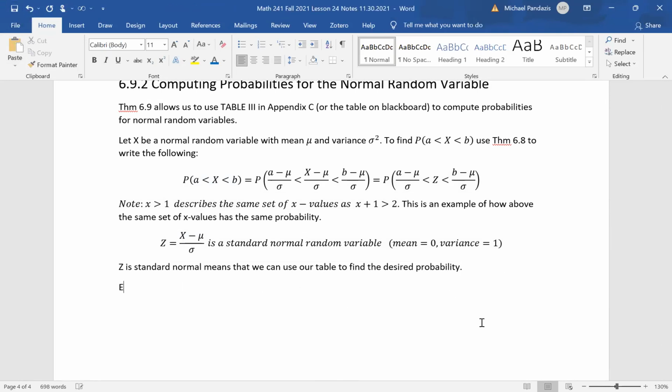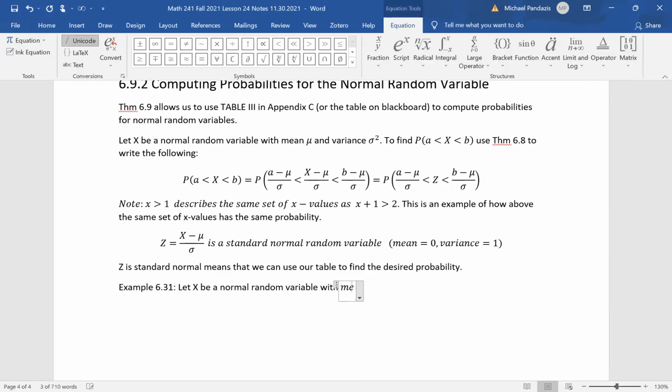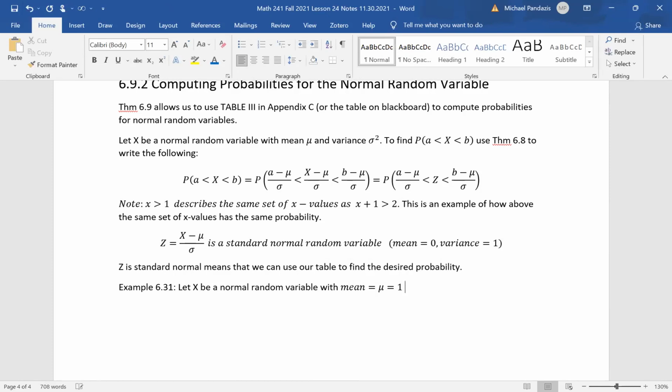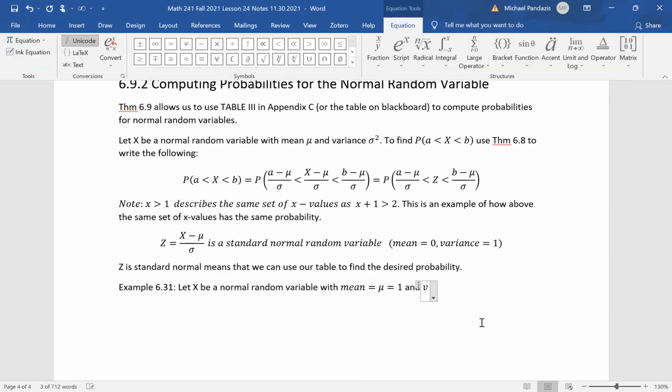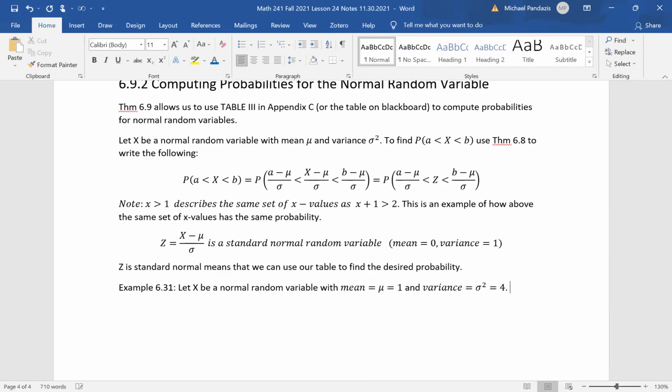Okay, so here's an example. This is example 6.31. Let x be a normal random variable with mean mu equal to 1, and variance sigma squared equal to 4.